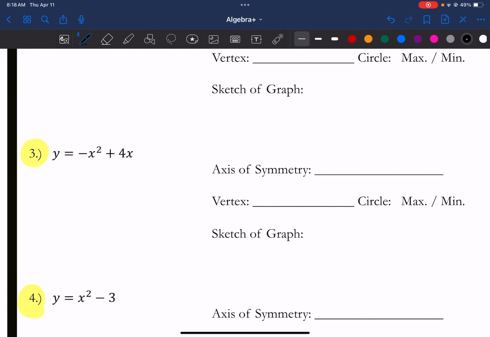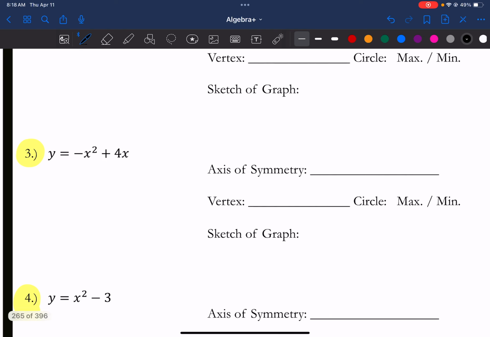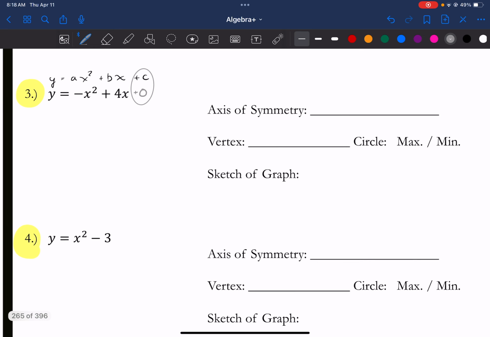Let's move on to the next page, as there are 2 other types of problems that you might get. One, let's take a look at number 3 here. If I write the standard form of the quadratic equation here, we're kind of missing a c here, which means it's kind of like saying +0. So go ahead and tackle this just as if you would if it had a c here. And then go ahead and try number 4. Again, it's the same thing, except I'm going to notice that something is missing, and it's not my c this time.